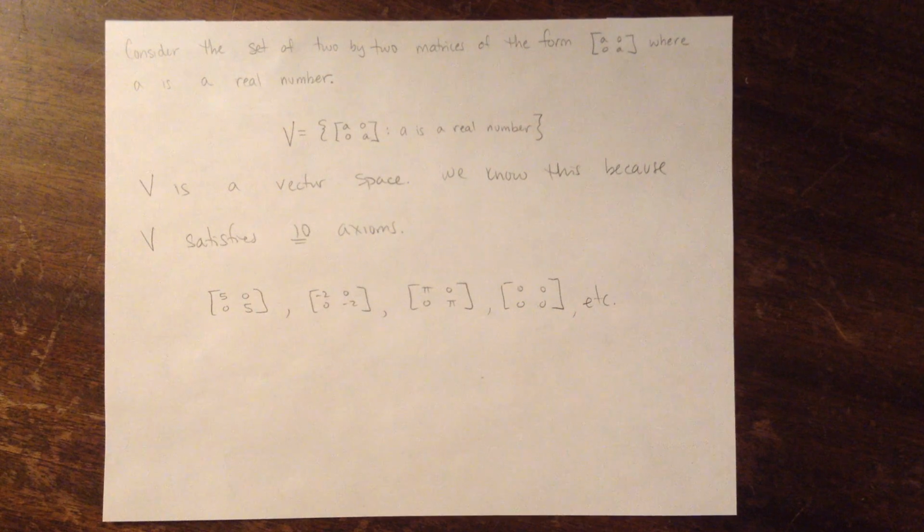And we can call vectors vectors, we can call matrices vectors, and we will call polynomials vectors. Any set that contains elements that satisfy the 10 axioms that you briefly looked at the beginning of the video is a vector space. So let's start going through the axioms.